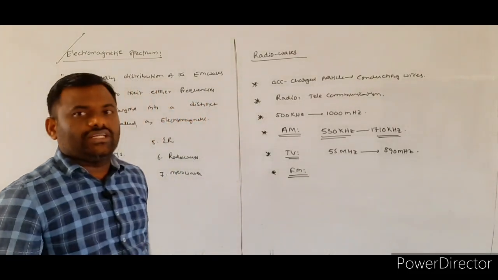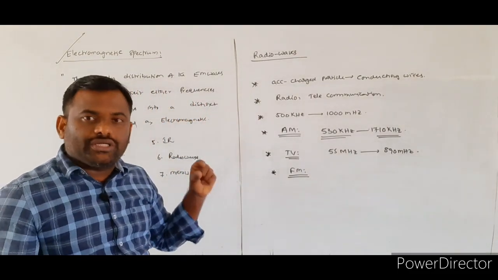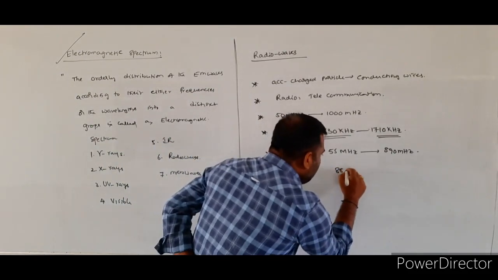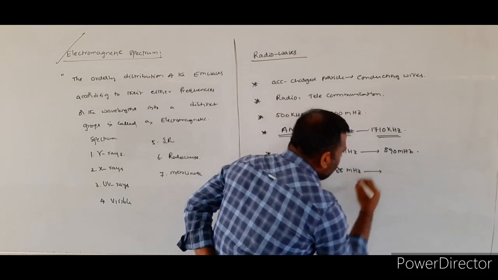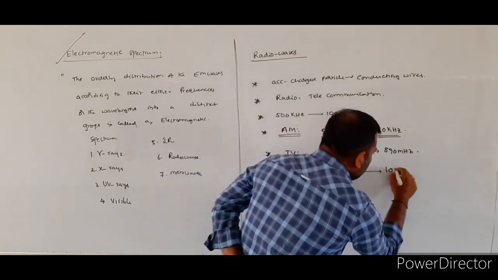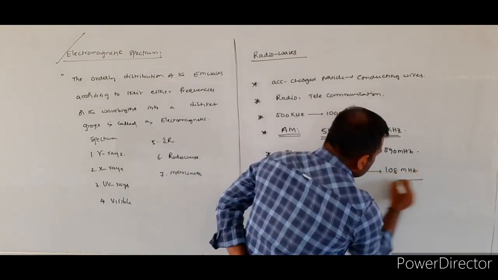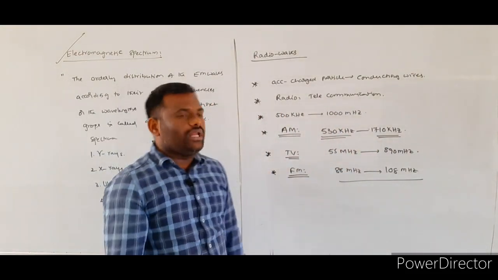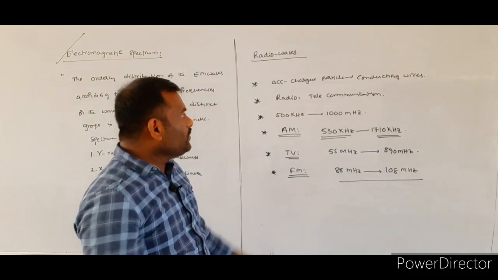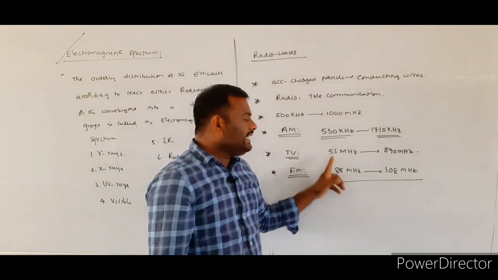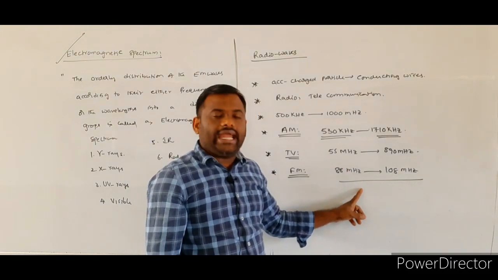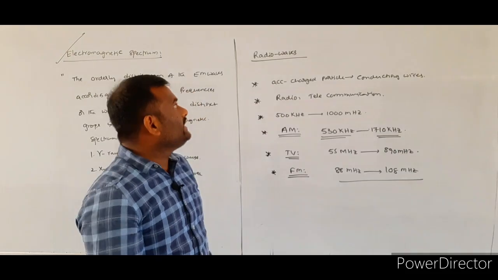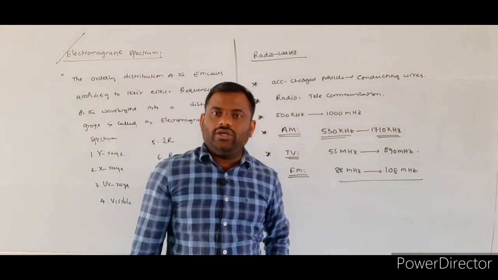For frequency modulation communication, we are using the frequency range between 88 megahertz and 108 megahertz. So this is the concept of radio waves.